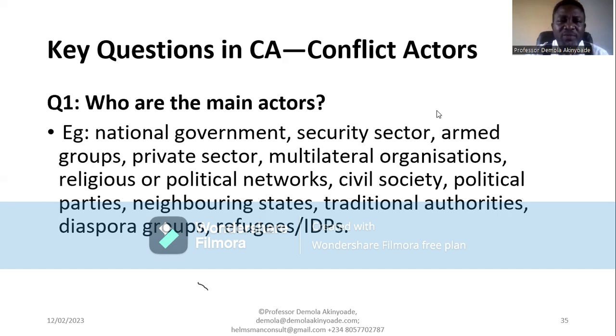Who are the main actors? Madam Jeje Toyin. Okay, I've seen Ominini. Yes, good. So Ominini, you have the floor. Just mention one actor. For Labour Party, it is Peter Obi. Okay. Peter Obi. Yes. So he is a main actor, the Labour Party main actor.